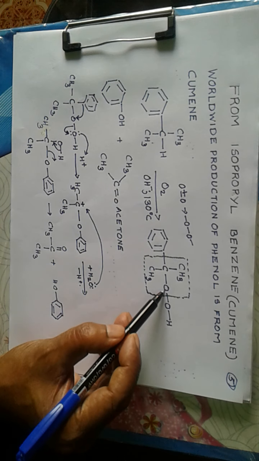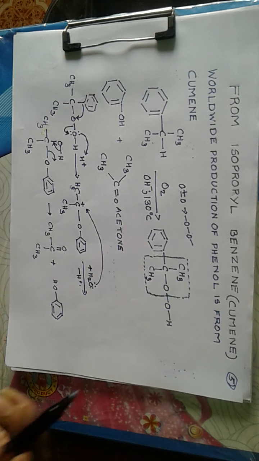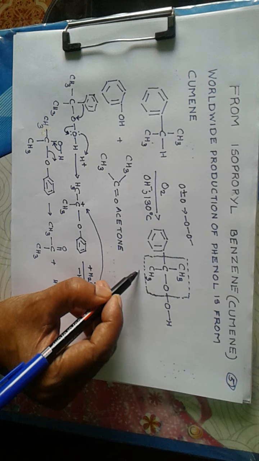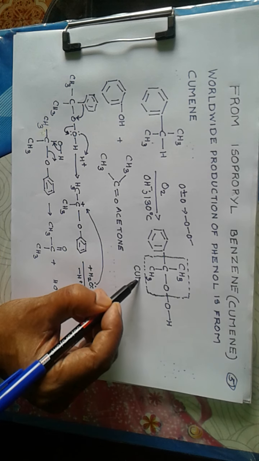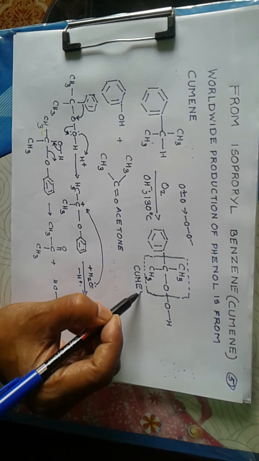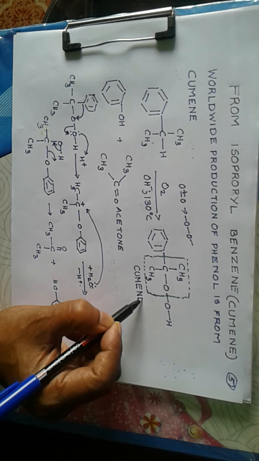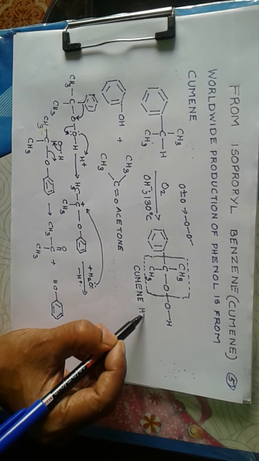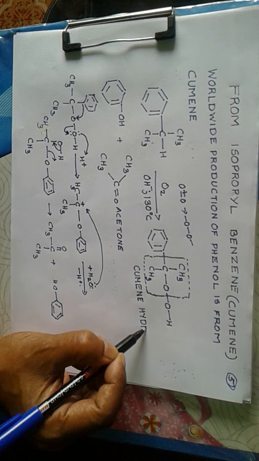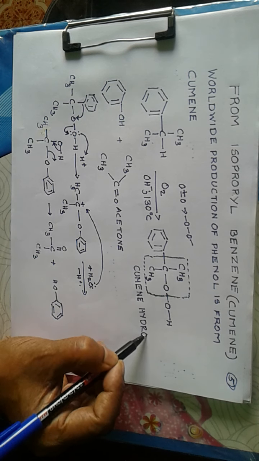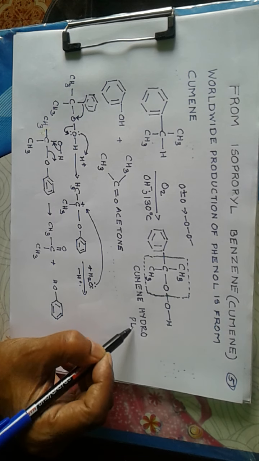So we get this structure, which is similar to the structure of hydrogen peroxide. So we call it cumene hydroperoxide, hydro because there is one hydrogen, peroxide.